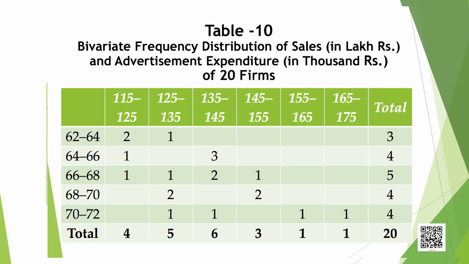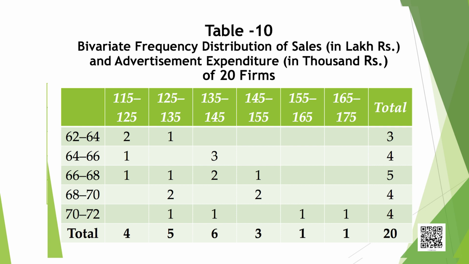Look at table 10 shown on the screen. It shows the frequency distribution of two variables, sales and advertisement expenditure in rupees lakhs of 20 companies. The values of sales are classed in different columns and the values of advertisement expenditures are classed in different rows.